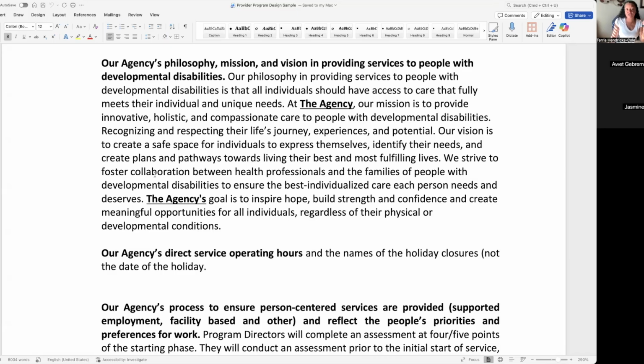We strive to foster collaboration between health professionals and the families of people with developmental disabilities to ensure the best individualized care each person needs and deserves. The agency's goal is to inspire hope, build strength and confidence, and create meaningful opportunities for all individuals, regardless of their physical or developmental condition.